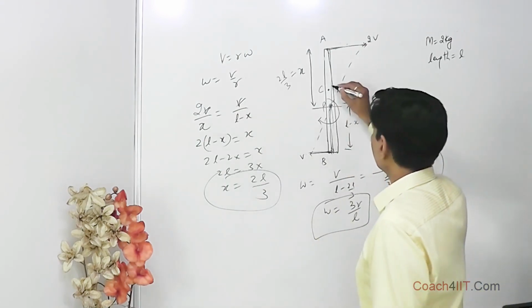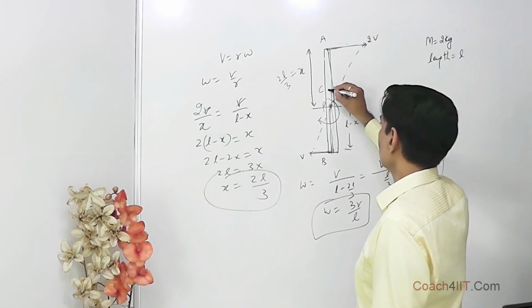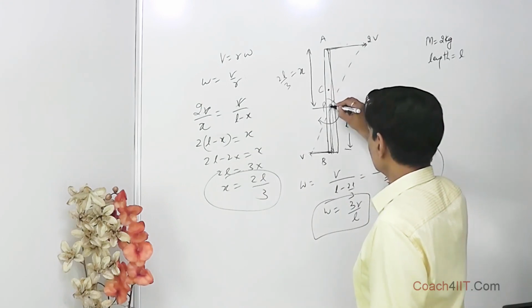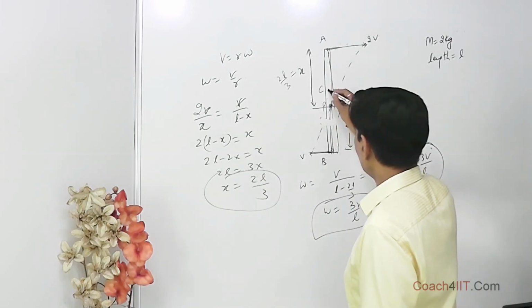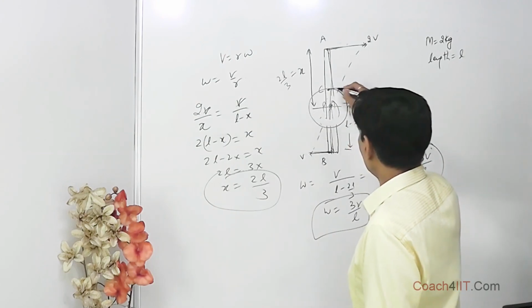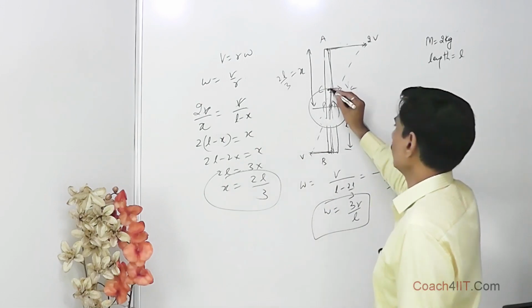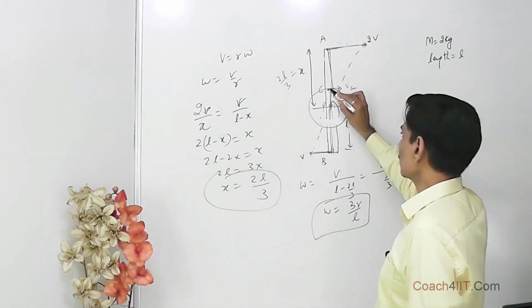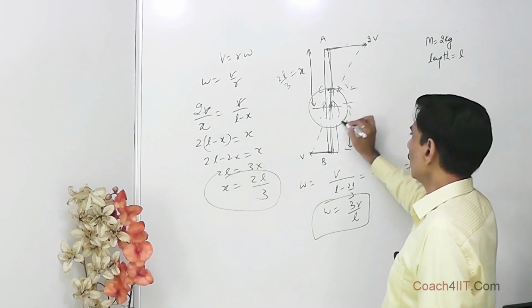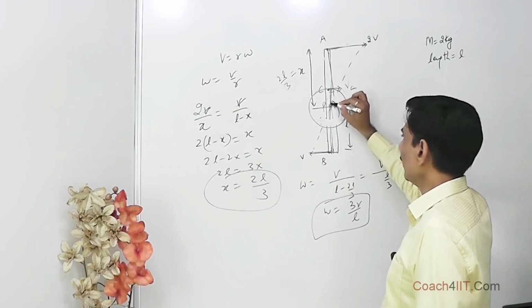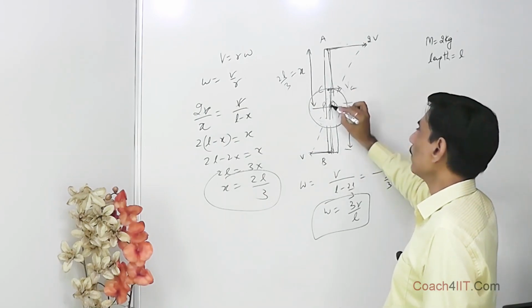We are interested in finding the velocity of the center of mass. The center of mass will be moving with a velocity VCM perpendicular to the line joining P and C, in a circle with P as the center.